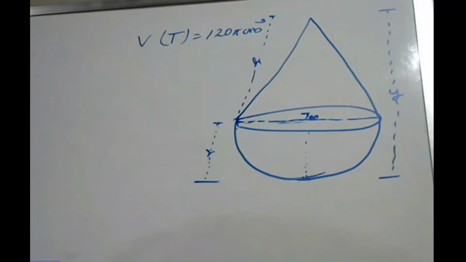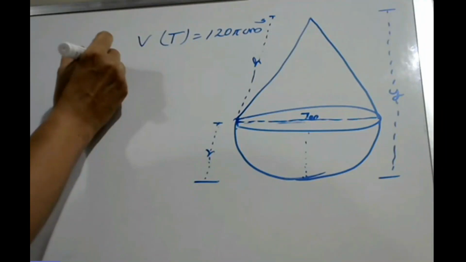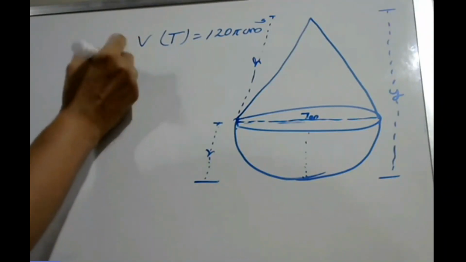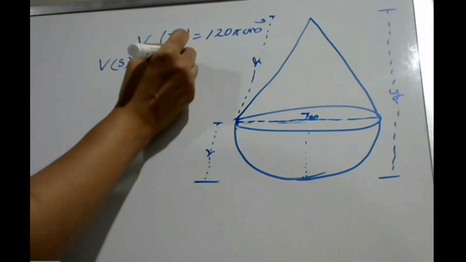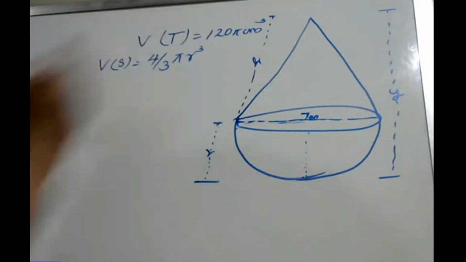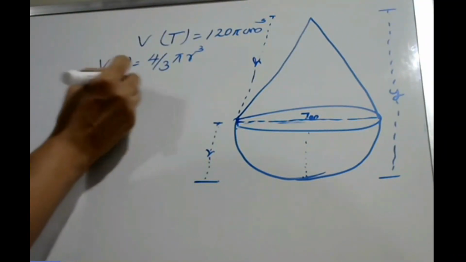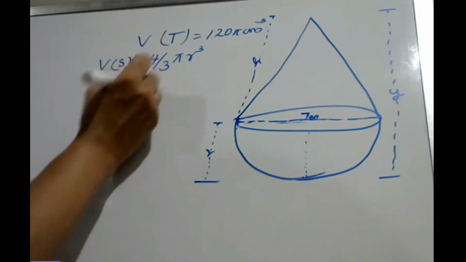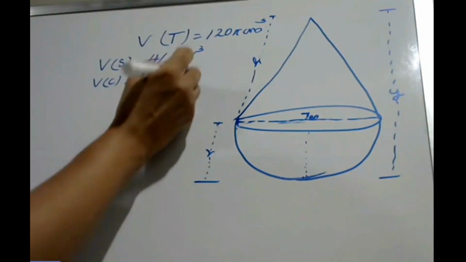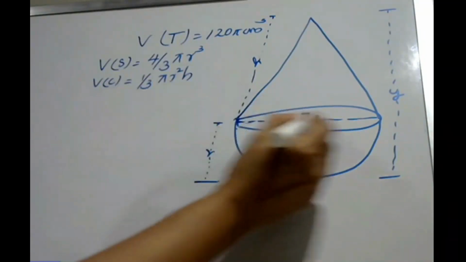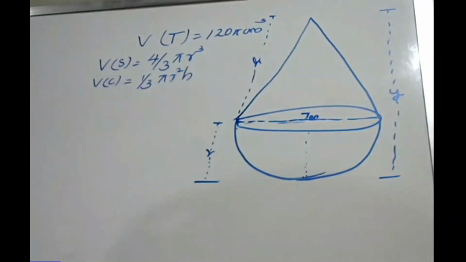Now what is given? You are given the equation to find the volume of the sphere. Volume of the sphere is equal to 4 over 3 pi r cube. And the volume of the cone is equal to 1 over 3 pi r square h. Here r is the radius, h is the height. And you are given the total volume.